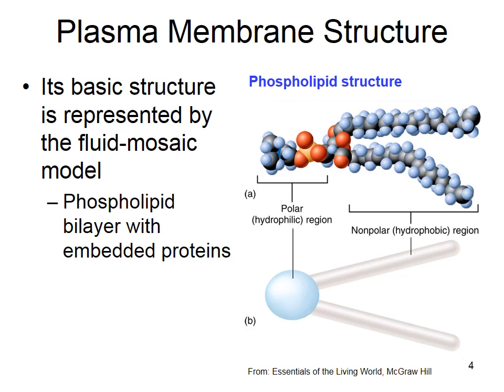Okay, but because of phospholipid structure, and the fact that there's a polar head region and a non-polar tail region, these phospholipids spontaneously form a bilayer, or a double layer, where the polar head regions interact with either intracellular or extracellular fluid, and the non-polar tail regions interact with each other.